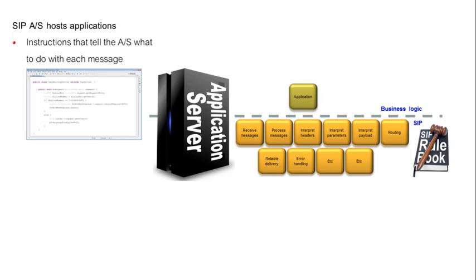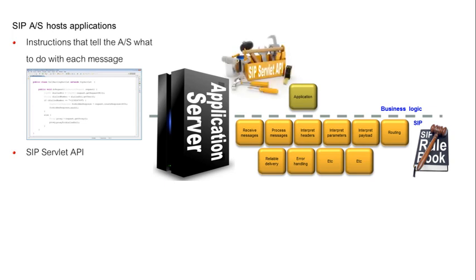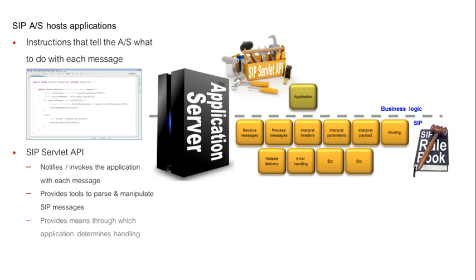with each SIP message. In fact, the application server exposes an application programming interface, the SIP Servlet API, a set of tools through which it notifies my application when a SIP message arrives, gives me the ability to pass and manipulate the content of SIP messages, and provides me means through which I can determine how the call is handled.